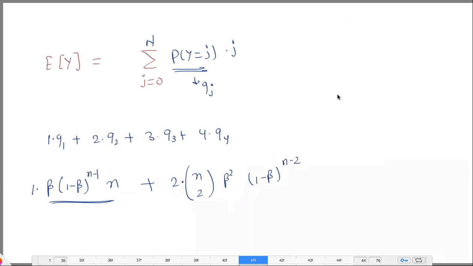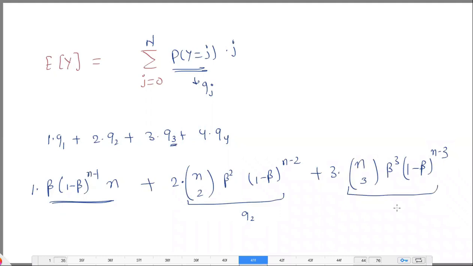And then I will be having 3 into Q3, which is beta cube into (1 minus beta) power n minus 3, like this. Is this okay till this point?